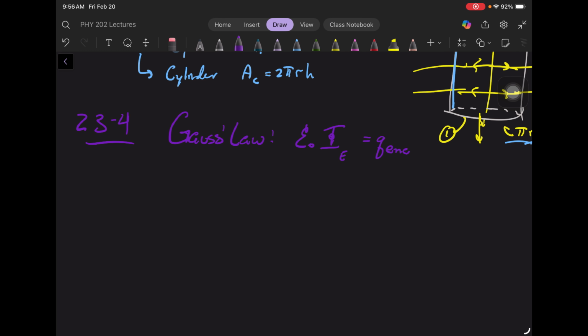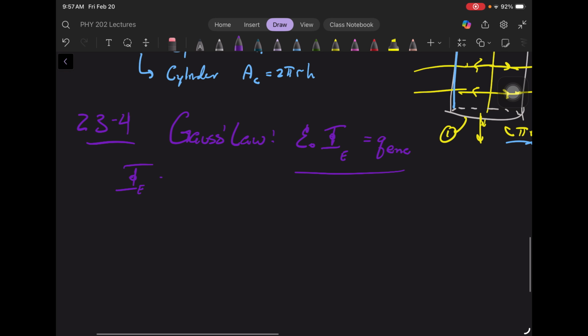This right here is Gauss's law. And then 90% of the time, we're going to substitute in that the electric flux is equal to the surface integral E dot dA.